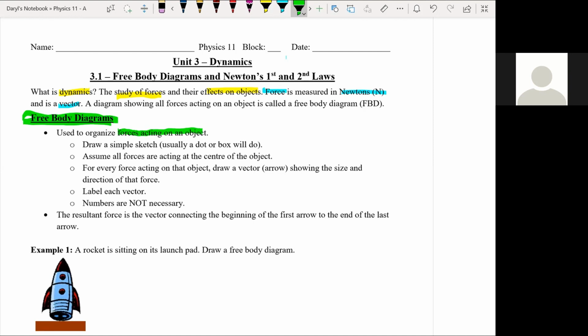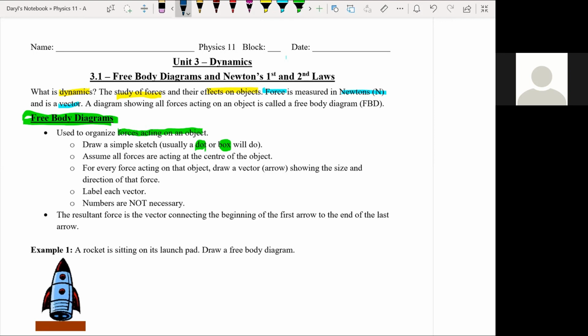You can represent a particular object by a dot, so you don't have to draw it. If you're talking about a person, you can just use a dot. Or a box sometimes, but most commonly I just use a dot.